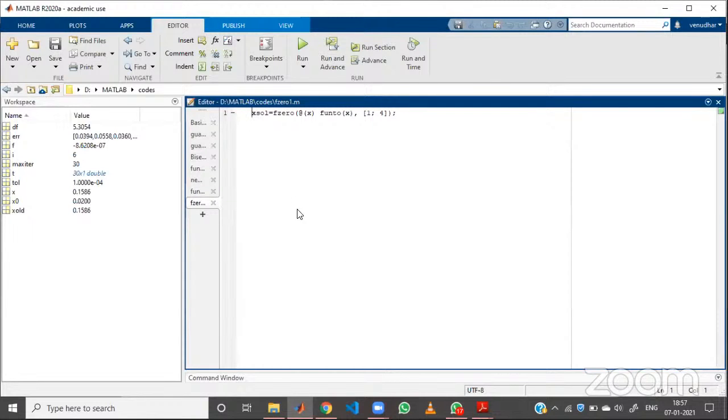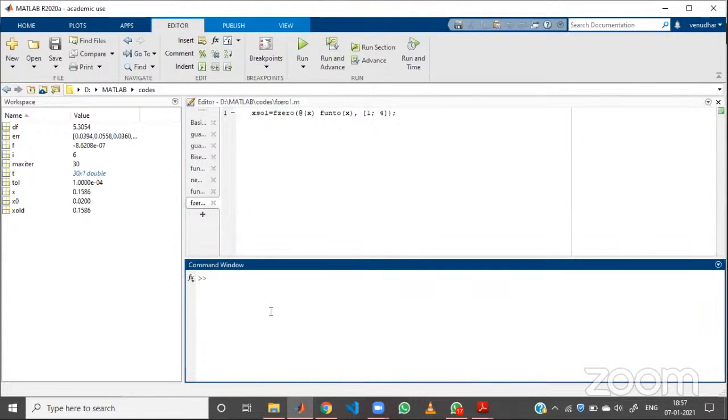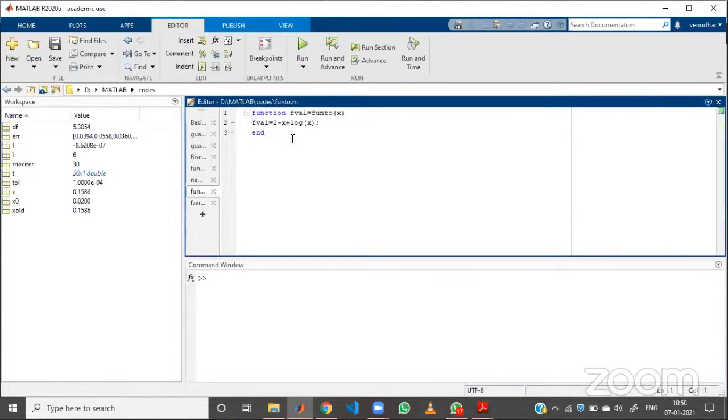x solve equals fzero, at the rate x, fun2(x). What is fun2(x)? Fun2 is the name of the function in which we are passing the variable x. x here is the unknown. What is fun2 returning? It returns f, the value of f is 2 minus x plus log x.